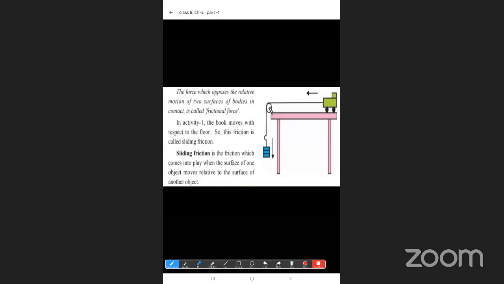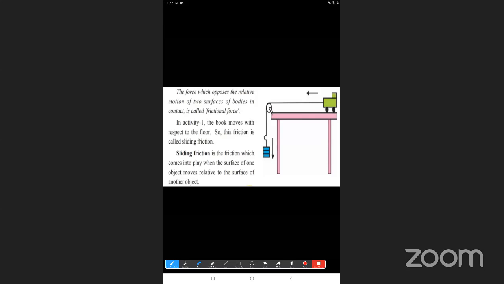Here, the force which opposes the relative motion of two surfaces of bodies in contact is called frictional force. So here, the surface of the trolley and the surface of the wooden block both are in contact.